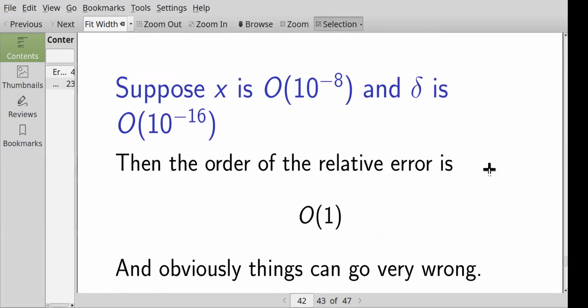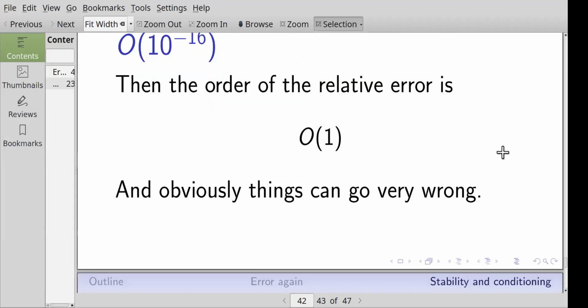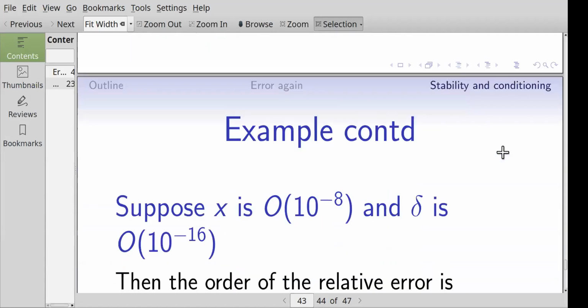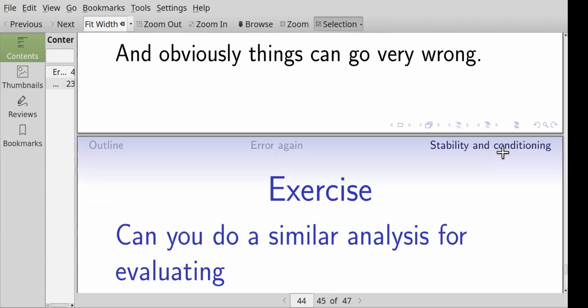If x is on the order of 10 to the minus 8, then delta is on the order of 10 to the minus 16, on the order of the machine epsilon, but the relative error is on the order of 1. And you're dealing with results that should be 1/2. So very bad things can happen.